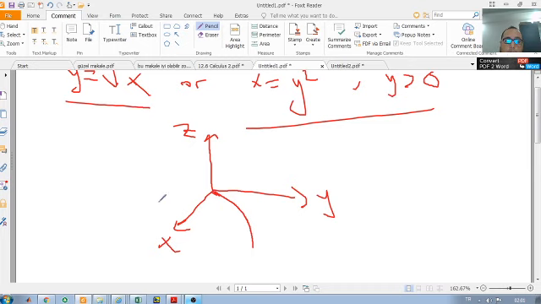Actually, we could continue from here to complete the plane curve, if we consider x is equal to y squared without the condition on the y-axis.